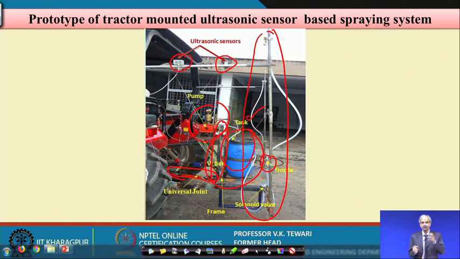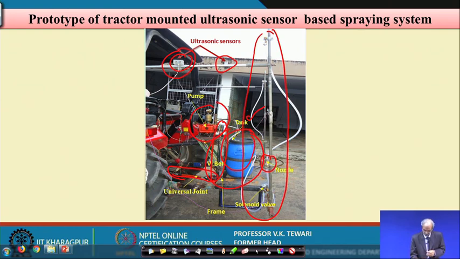Now, how to transmit that availability, when to do it, how the process moves. As I said earlier, we need to know where the target is. That is done by these ultrasonic sensors. This one is on this side, and the other one is on the other side. It will first identify the target. The moment it identifies the target, you can see that it is at a distance from here.